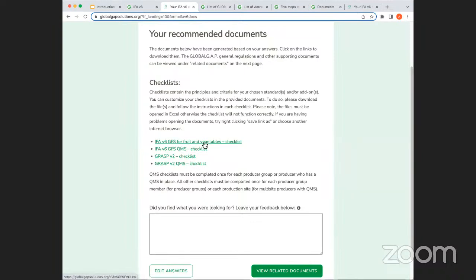It's got the checklist for fruits and vegetables, QMS, because it's a group. So in this case, this QMS, that's a quality management system. This is the one that Lusaka Avocado would get, and it's got a checklist of things that everybody has to be compliant with, and basically would start to implement that.